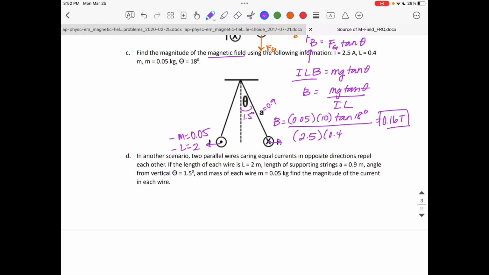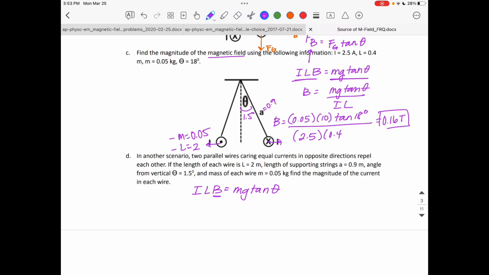So the first thing we want to do is we're going to stick to our equation here of magnetic force is equal to mg tan theta. So I've got ILB is equal to mg tan theta. We want to solve for current, but the problem is we don't have magnetic field.